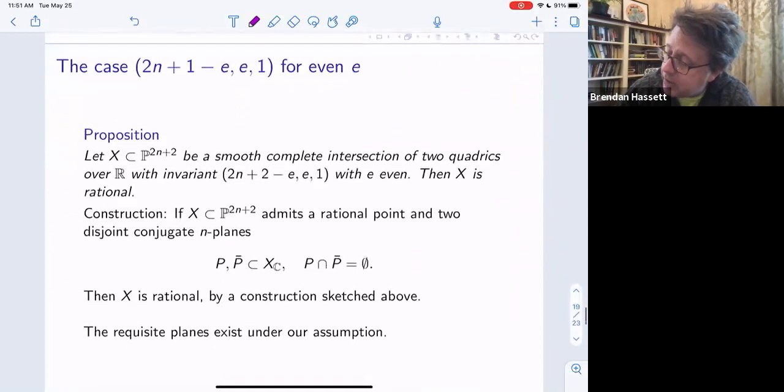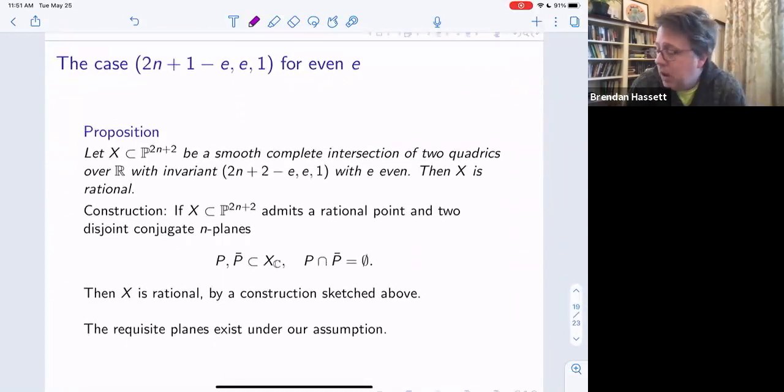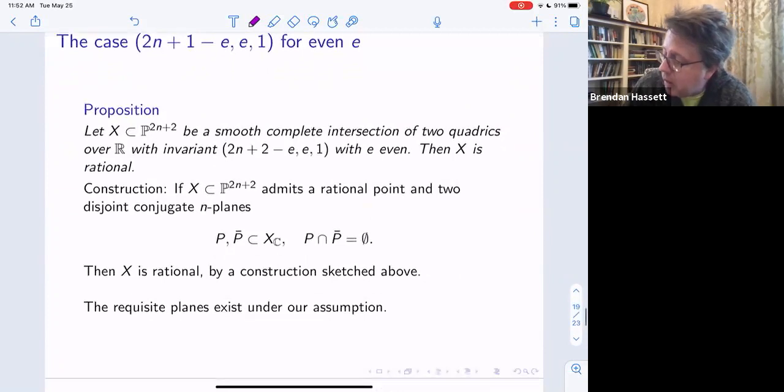So the last case is when I have 3 terms, one of which is 1, and then I have the E, this kind of undetermined entry, equal to an even number. And here they're rational as well. And now the construction is a bit different.